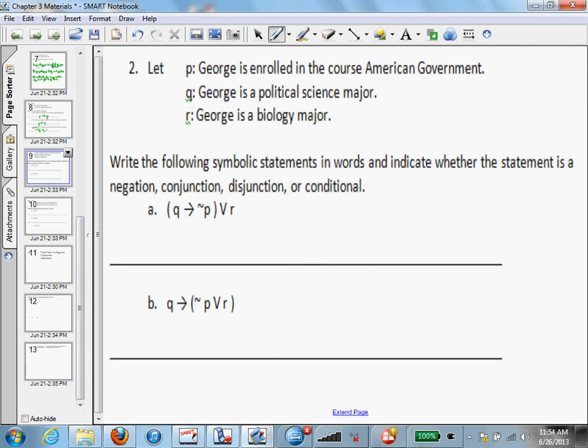Okay. For this, we write the following symbolic statements into words and indicate whether the statement is a negation, conjunction, disjunction, or conditional. So let's go through, and with A, it will be a disjunction.